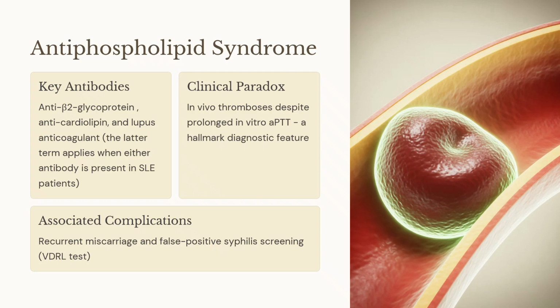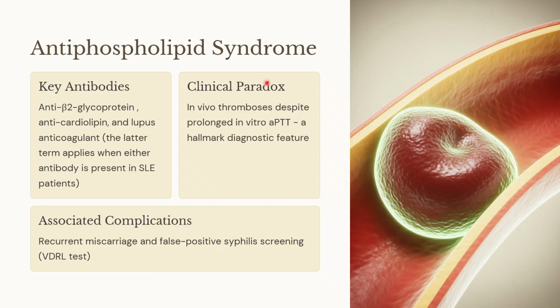So when there are antibodies directed against the beta-2 glycoprotein or the complex it forms, the cells undergo thrombosis. The thrombosis can involve the placental vessels too, resulting in recurrent miscarriages. So what is the clinical paradox?